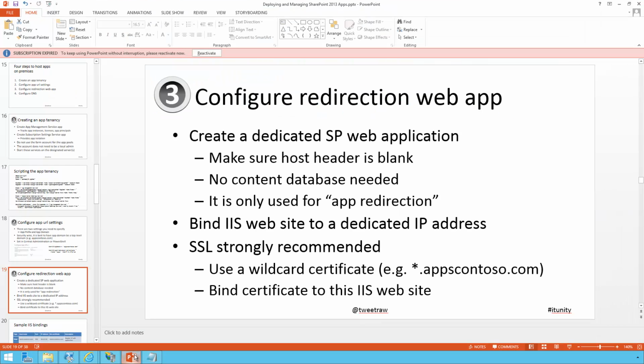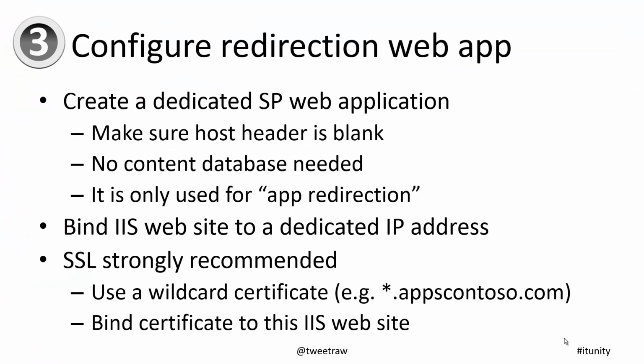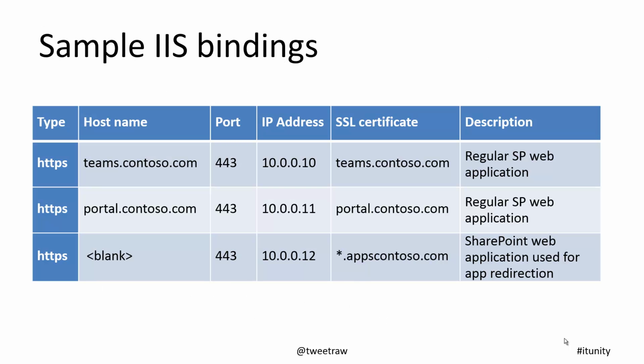Let's come back to my slides, and I've got one last step we need to look at. If you've gotten this far, you're doing really well. Let me show you this slide to point out what I just showed you in my demo. Here's an example of how bindings could look for a server.